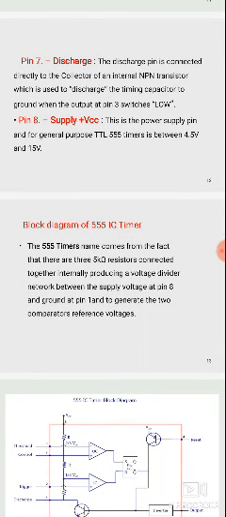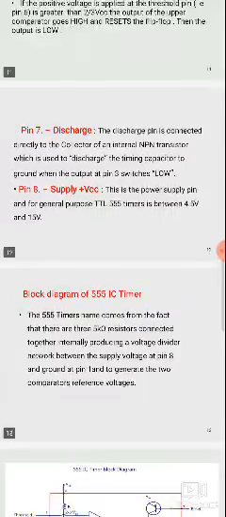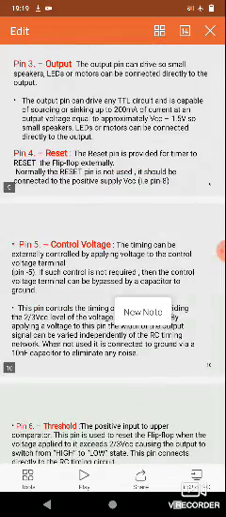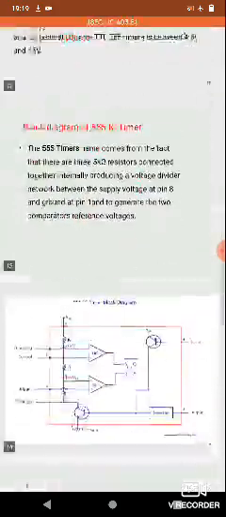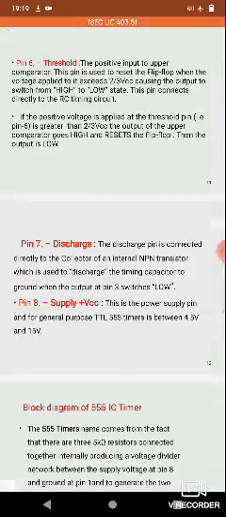Next, the last pin in our pin configuration is pin number 8. The 555 timer has an 8-pin configuration: ground, trigger, output, reset, control voltage, threshold, discharge, and the last pin is supply VCC.